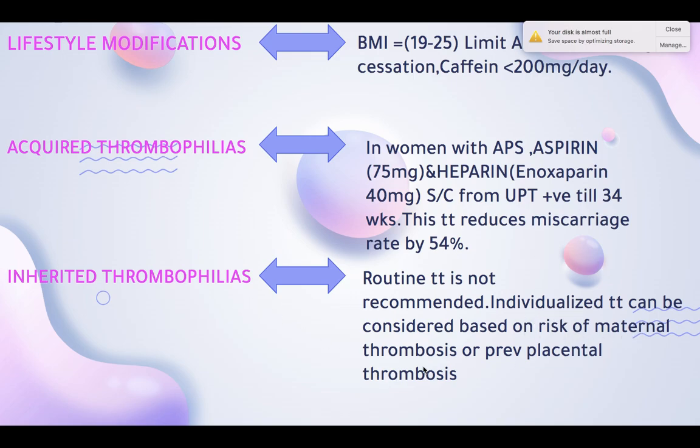And for maternal thrombosis, they will give treatment according to the Green Top guideline on venous thromboembolism, with prophylaxis doses and therapeutic doses. So they will be taking the treatments according to that, right? But not for the recurrent miscarriage.